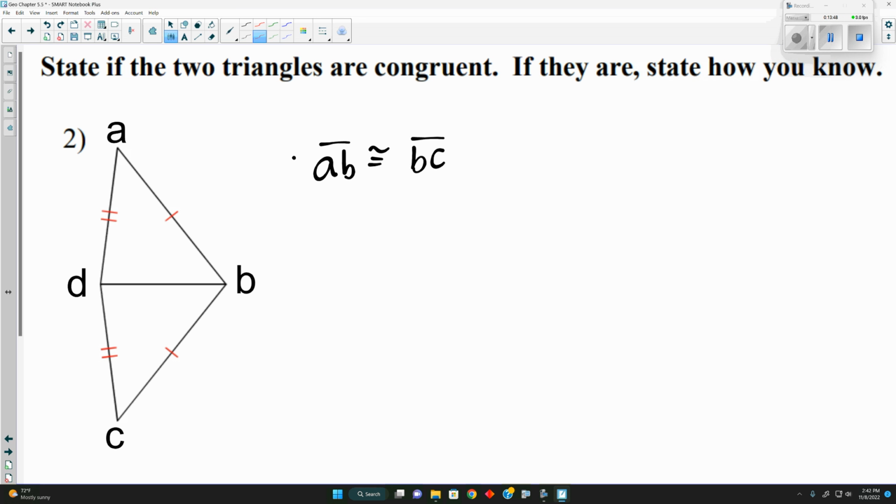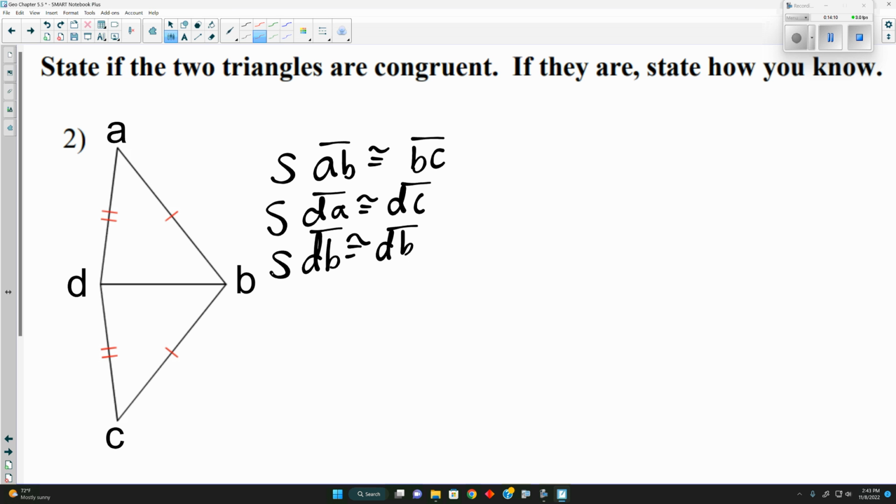So that's a set of sides. Do we have anything else? AD is congruent to DC, and those are another set of sides, yes? Do we have anything else? Since it's shared in both figures, it's congruent in both.